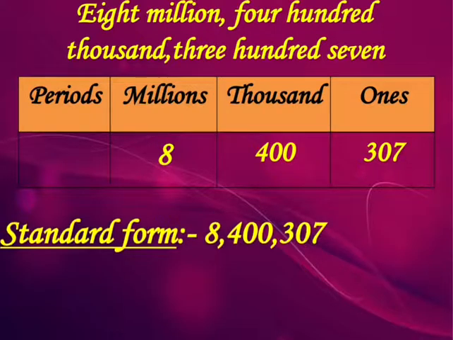So our number will be 8,400,307. Isn't it easy? But please remember, we will be making the period and the number table so that we can convert our number name into numeral form or the standard form.